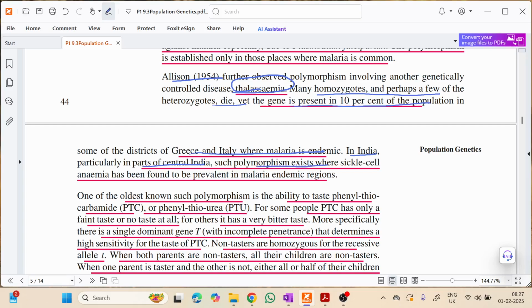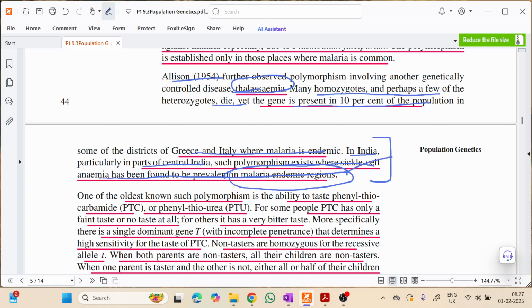Such polymorphism exists where sickle cell anemia is found to be prevalent in malaria endemic regions. So thalassemia and sickle cell anemia both are prevalent in malaria endemic regions.